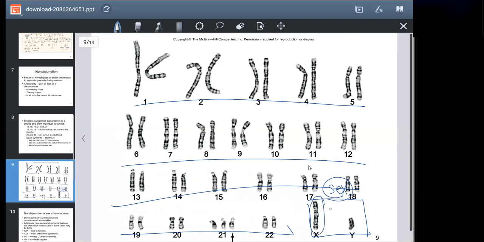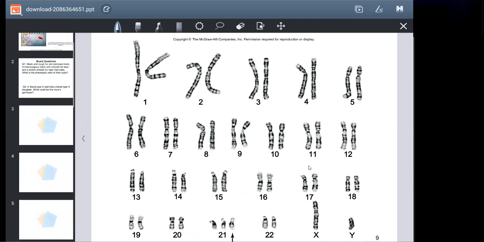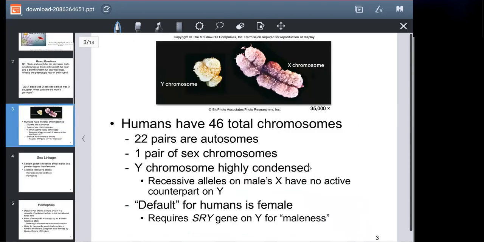If you have 2 X chromosomes, then you are a girl. Or you can have 1 X and 1 Y, then you are a boy. There's something interesting about genes that sit on the sex chromosome, because they sit on your X chromosome, they will be inherited in an interesting pattern. So let's cover this last part on how genes that sit on your X chromosome are inherited.